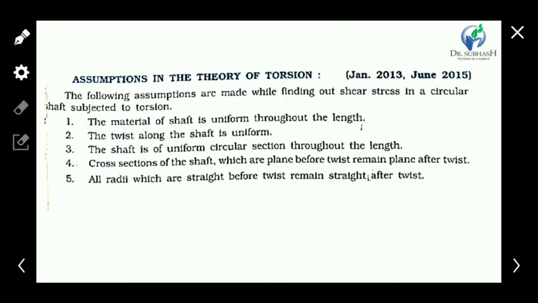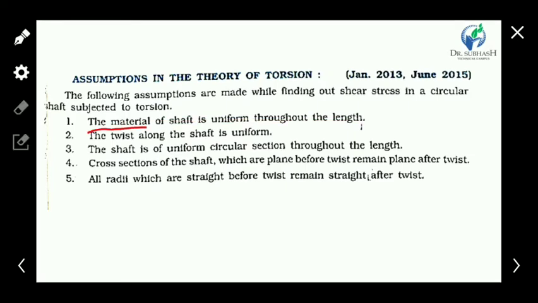Now we go for the torsion theory. First we see the assumptions which are considered in the torsion theory. First, the material of the shaft is uniform throughout the length.